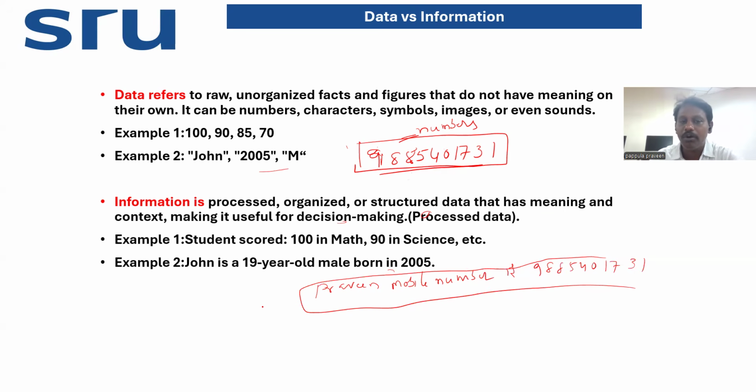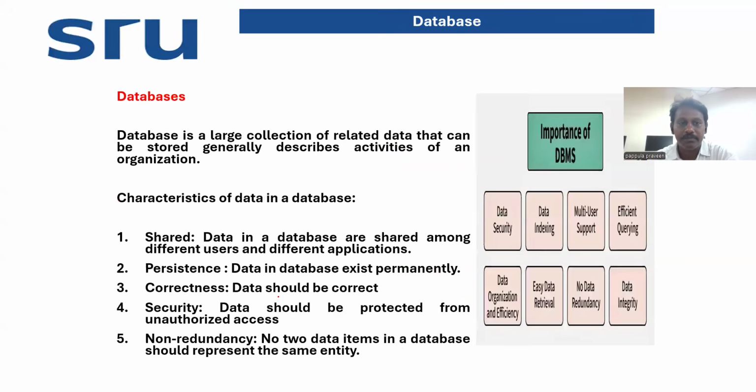Example 2: John is 19 years old, male, born in 2005. This is meaningful, but the previous example, John, 2005, M, is not meaningful. So data is unmaterialized and unorganized, while information is organized, processed, materialized, and well structured. This is the difference between data and information.